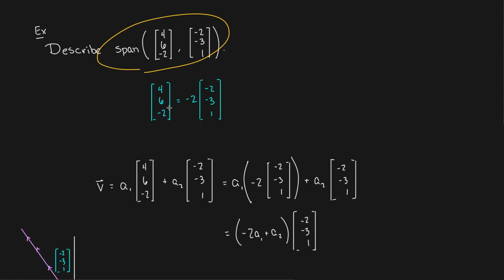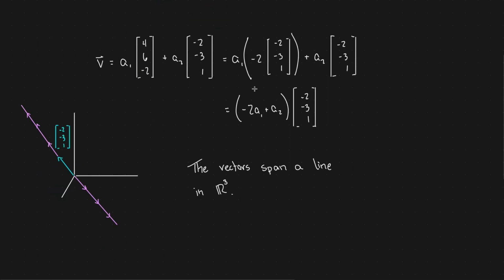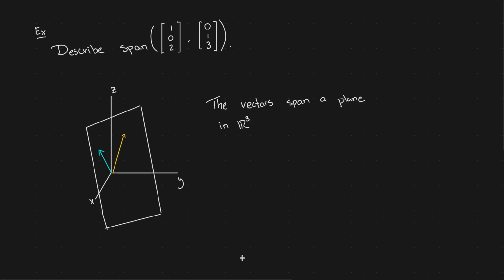That meant I had a one-dimensional object, a line. These two vectors, in a sense, are independent from each other. I can't express one as a linear combination of the other. They both are contributing information here. And so when I have two independent vectors, two pieces of independent information, I get a two-dimensional object, a plane.